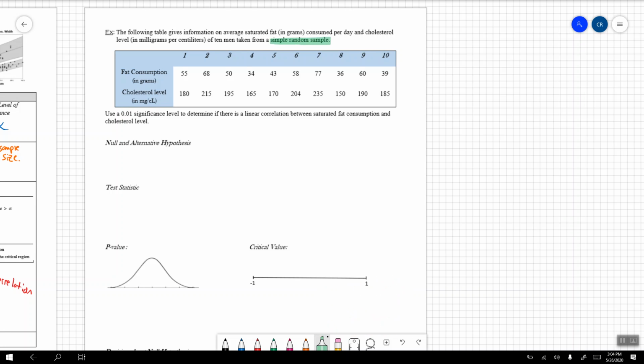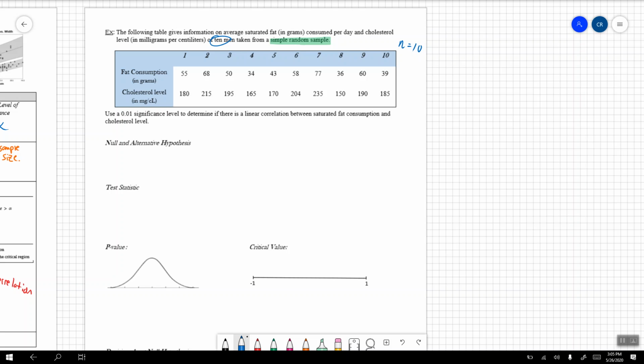Now, a sample of 10 men. This tells me that my n value is going to be 10. Awesome. Now my table lists first sample, second, third, fourth, fifth, sixth, 7, 8, 9, 10. So here are all the 10 samples, and here is the fat consumption in milligrams, and here is the observation for the cholesterol level that we're looking at in milligrams per centiliter.